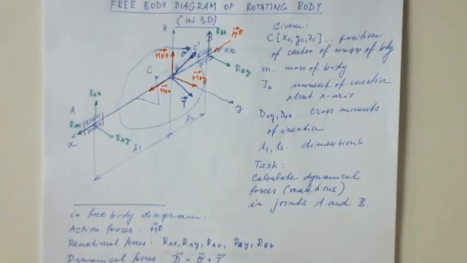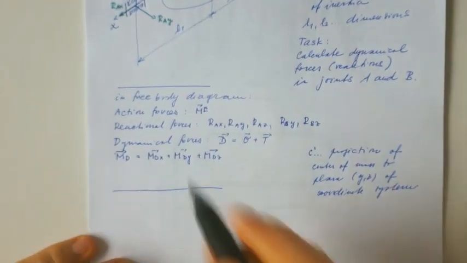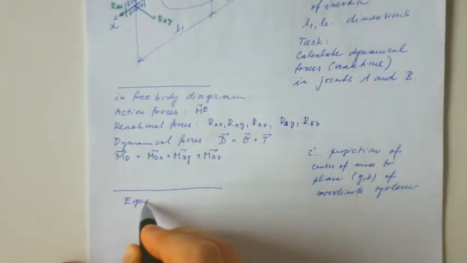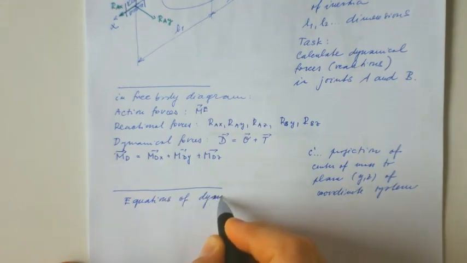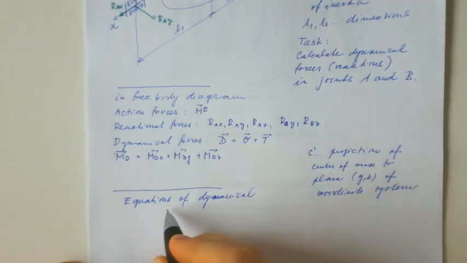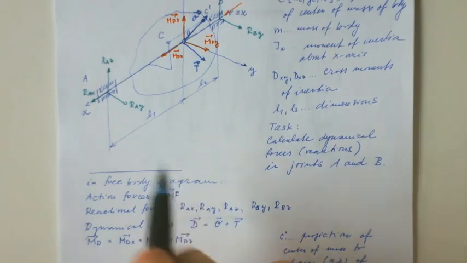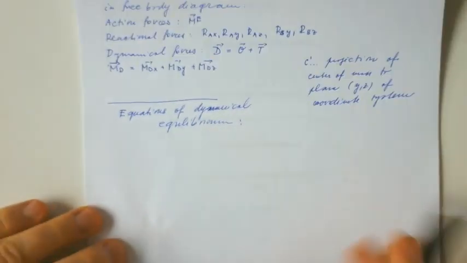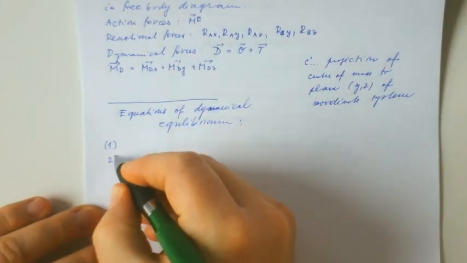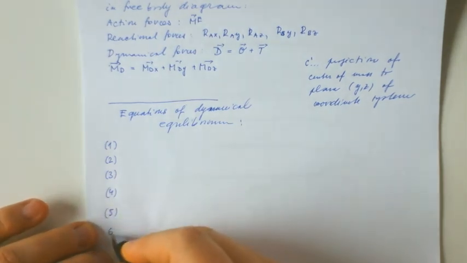So let's set the equations of dynamical equilibrium. Because it is a three-dimensional case, we will have 6 equations: 1, 2, 3, 4, 5, 6.